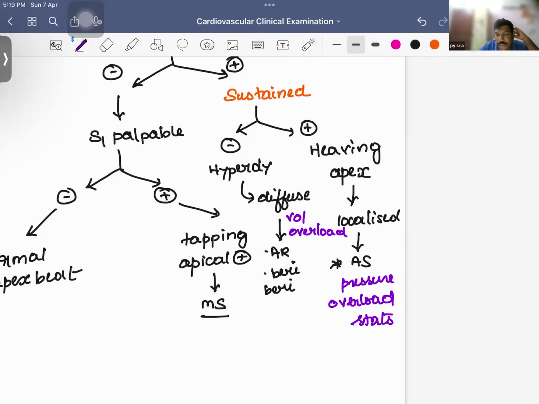These are very important things you have to consider whenever the apex beat is asked in the exam, and you should be able to answer it. I will give you an overall flow chart or a table, which will be easy for you.